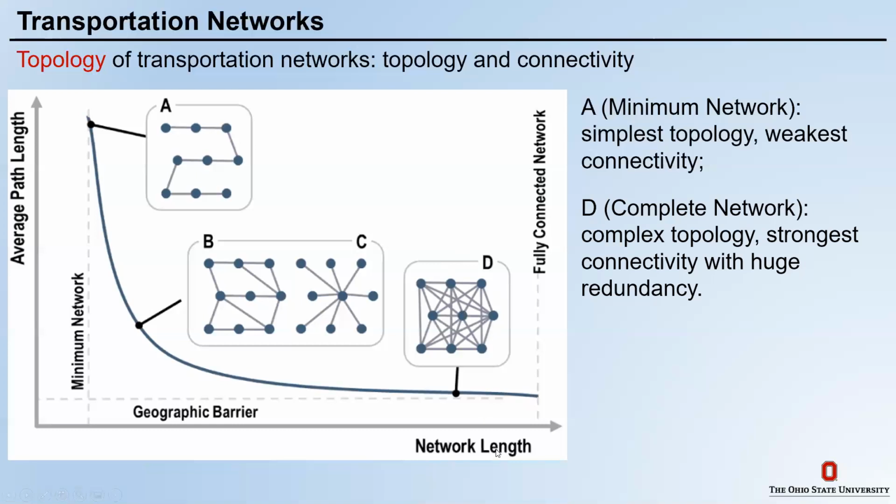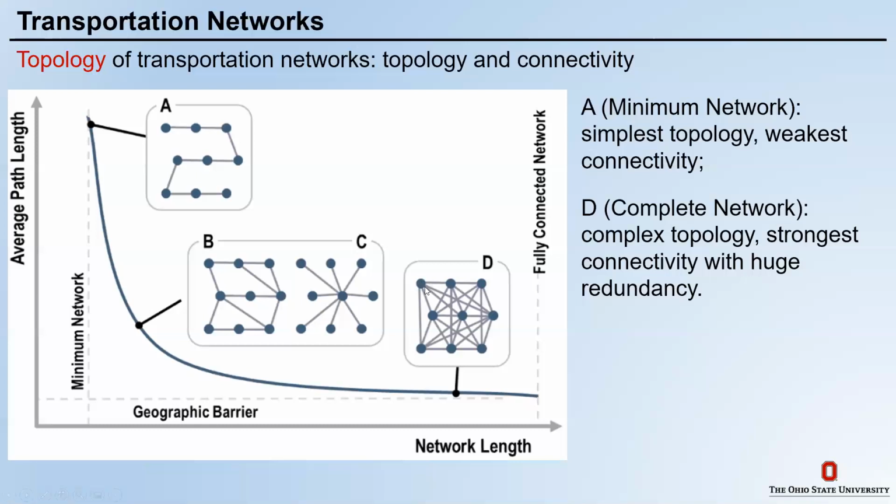The network length is maximum, which means that you need a lot of money to create a network like this. But it has the strongest connectivity with huge redundancy. Okay, it means that if you want to go from this node to this node, there is a straight link connecting them. Actually, there is a link.